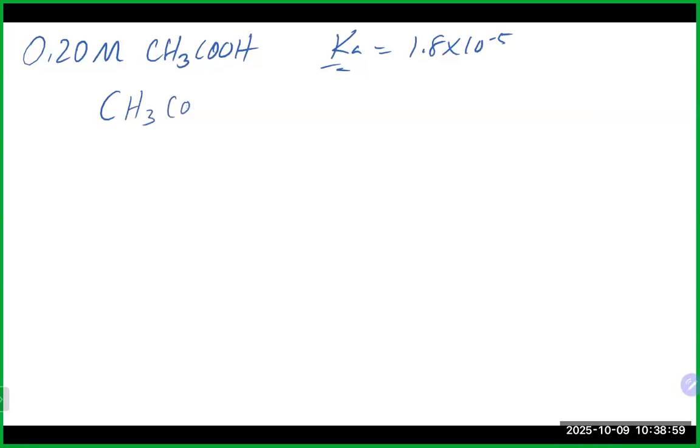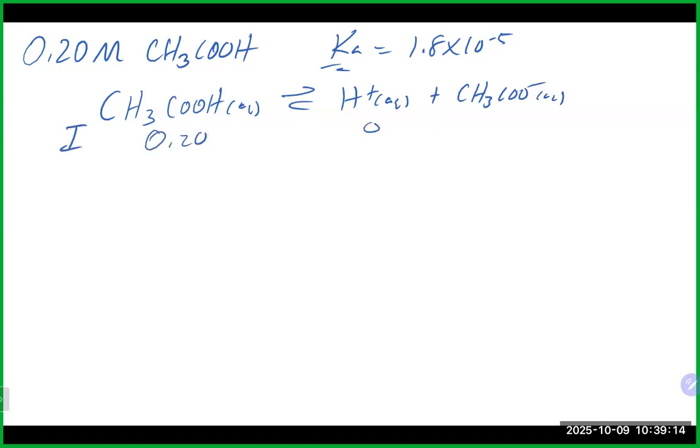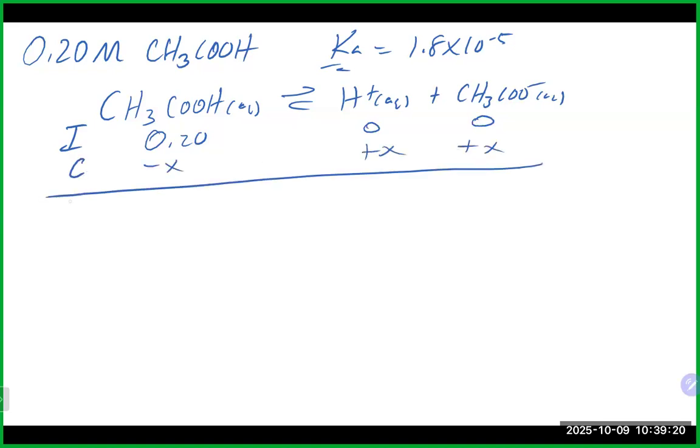So CH3COOH breaks apart into H plus and acetate. Initially we have 0.2, 0, and 0. The change would be minus x, plus x, plus x. That means at equilibrium we have 0.2 minus x, x, and x.